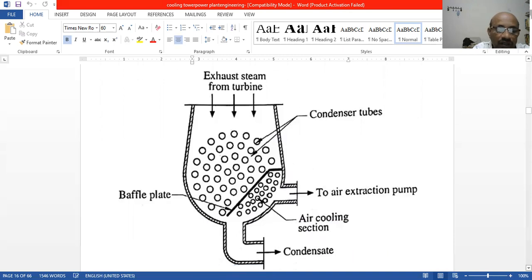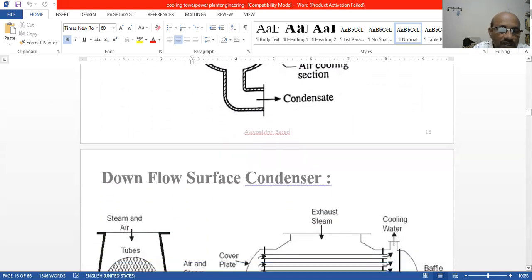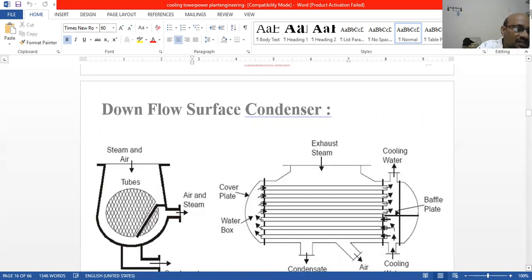Okay, one more type we will see, the downflow surface condenser. In this downflow surface condenser, steam and tubes will be there, and in the middle there is a baffle plate. Why do we put this baffle plate? To separate the air tubes and the condenser tubes, dividing them.